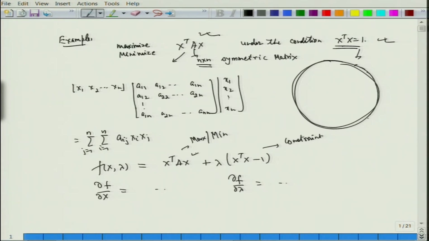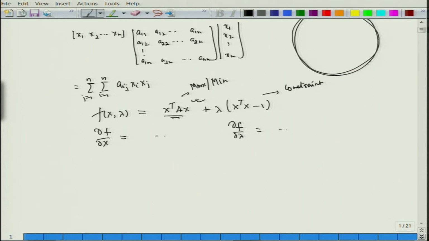So, let us try to understand what I mean by differentiation of this. x is a vector, so I am looking at the gradient. I will do it for only a 2 cross 2 matrix, and from there I would like you to understand it. I am looking at (x1, x2) times the matrix (a, b; b, d) times (x1, x2), plus lambda times (x1, x2) times (x1, x2) minus 1.